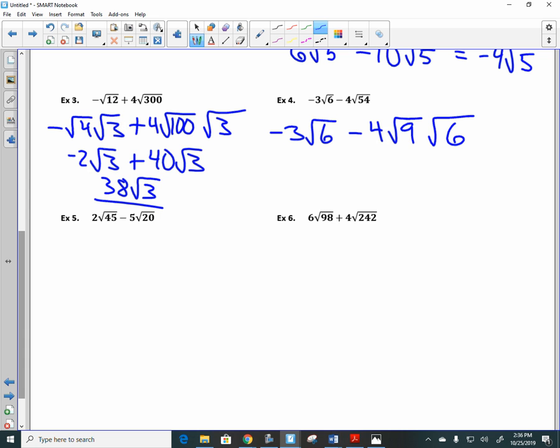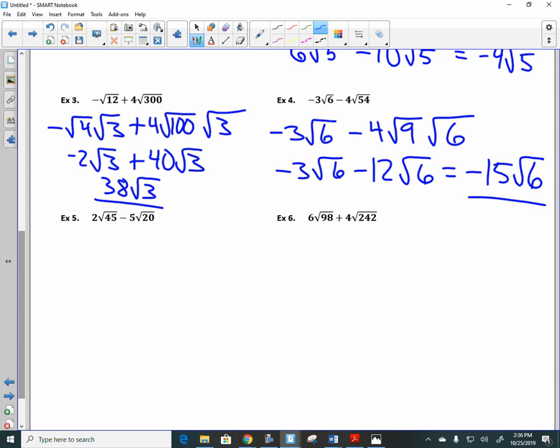Great. I see I can have the square root of 6 now in both situations. So I have negative 3 roots of 6 minus, square root of 9 is 3 times 4 is 12 roots of 6. And I get negative 15 roots of 6.